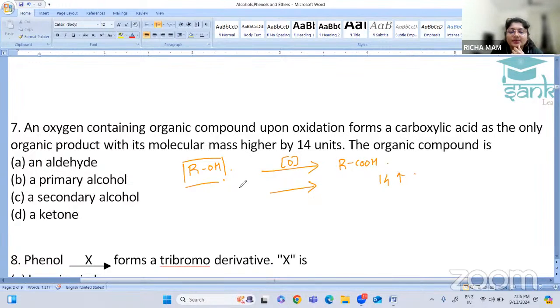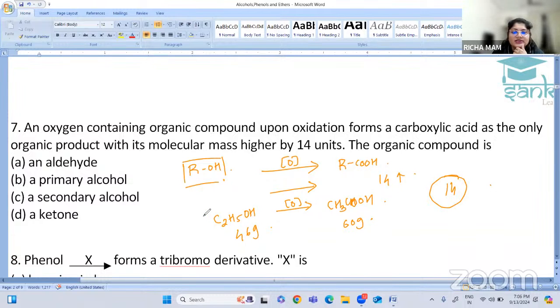If I take the simplest alcohol, ethyl alcohol, and oxidize it, you get acetic acid, CH3COOH. The molecular mass of this is 60 grams and this was 46 grams, right? What is the difference? 60 minus 46 is 14.